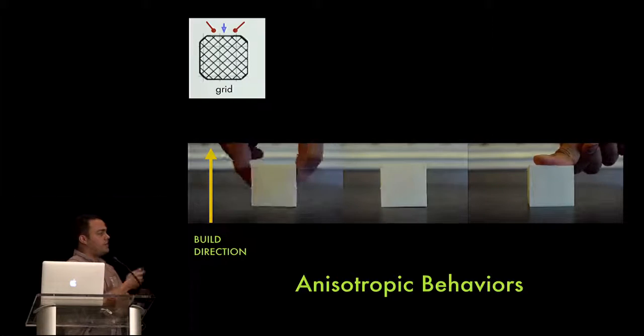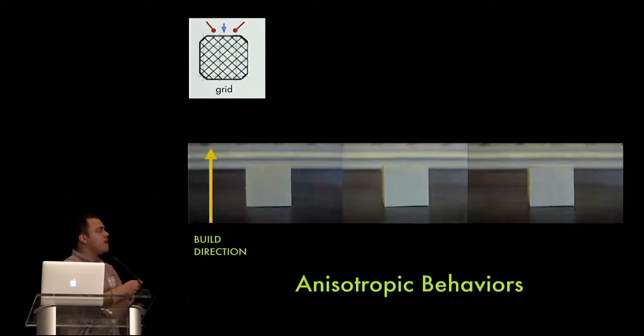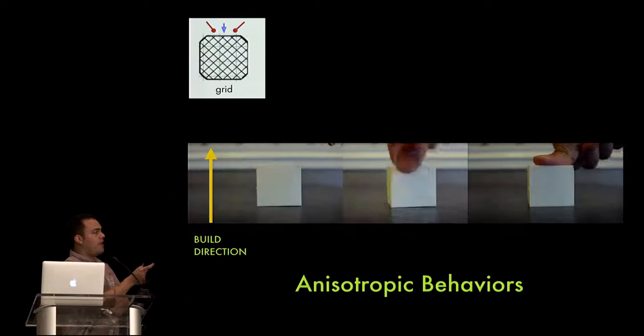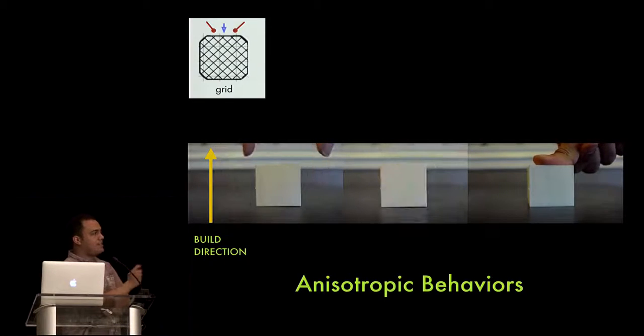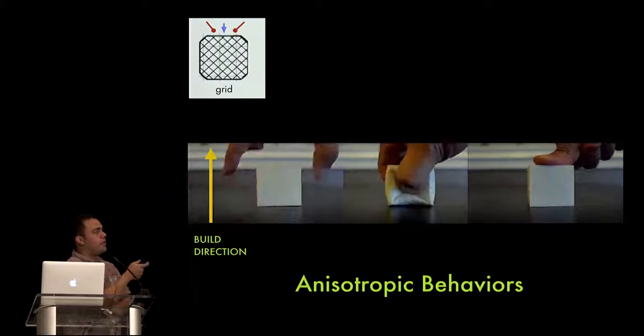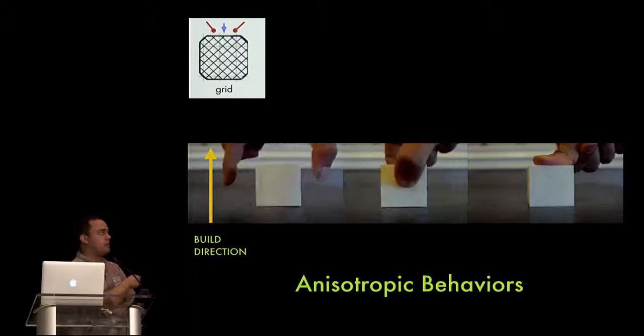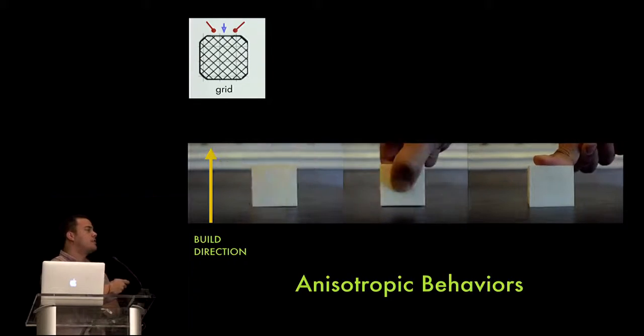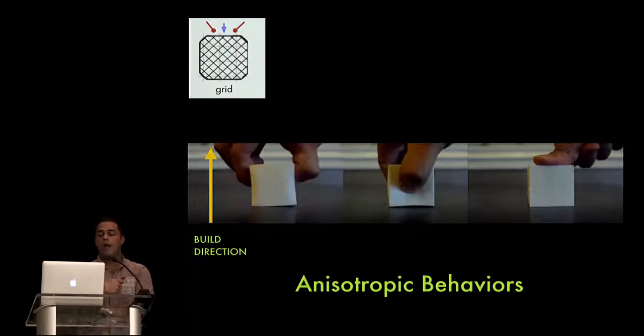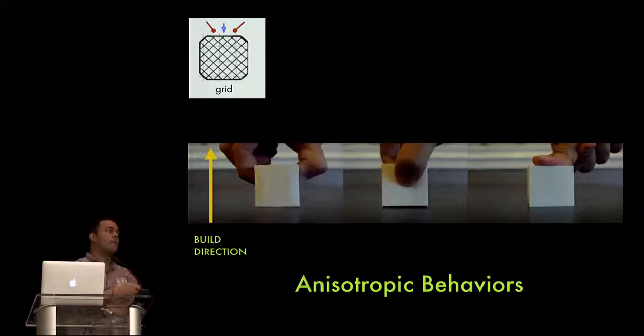You'll notice that this is the build direction here, and it's compliant along the X and Y, and less compliant along the Z. And this is also true if you apply pressure at diagonals. So using these types of infills, we're able to control the type of compliance.